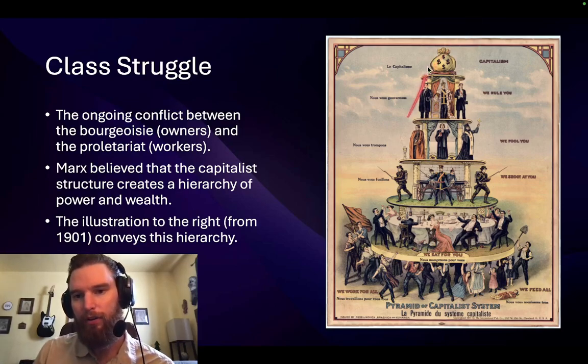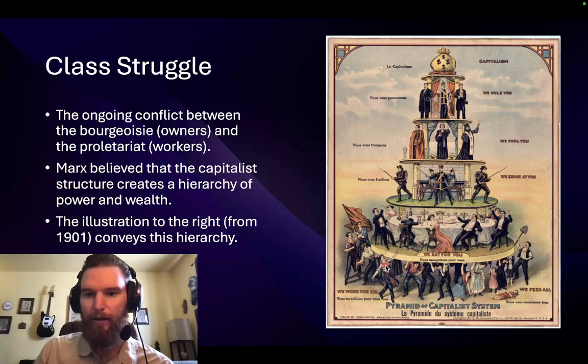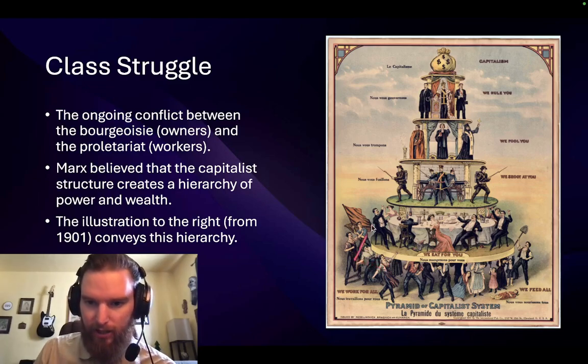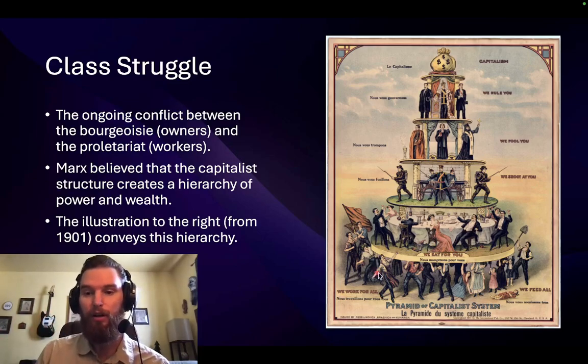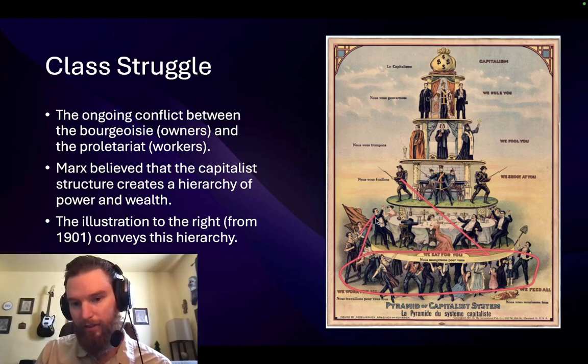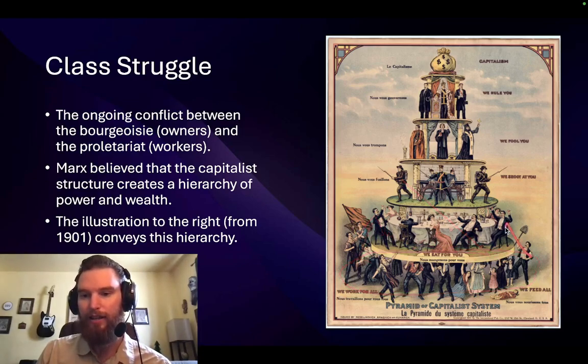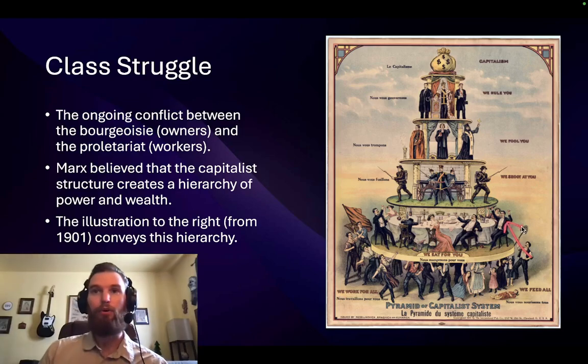And what's important about this pyramid is trying to think about how resistance pushing up against it is quite difficult. So if we think about the example of the Luddites from before, they would have been here at the bottom and they fought up this pyramid to protest against these machines taking over their livelihood.